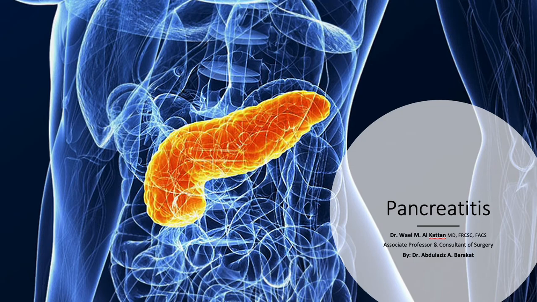So first we go through the definition. We define the condition, we go back to the causes, and then clinical presentation and how to differentiate it from other manifestations, like the differential diagnosis, and then we go on to the investigations and management.